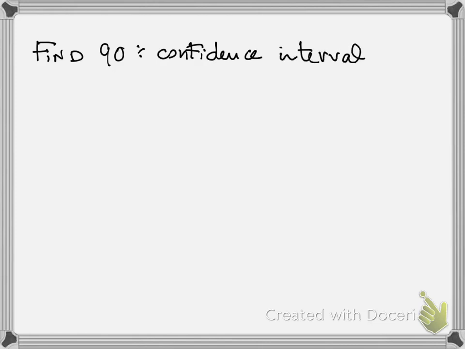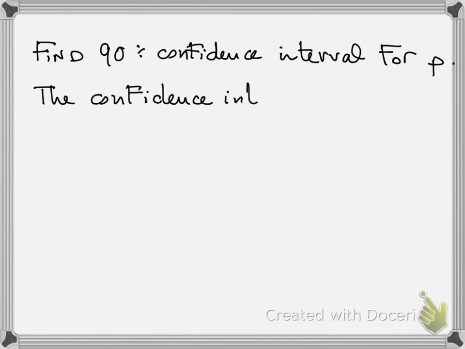Let's say I want to find a 90% confidence interval for P. The confidence interval is given by p hat minus e, the margin of error, to p hat plus e.